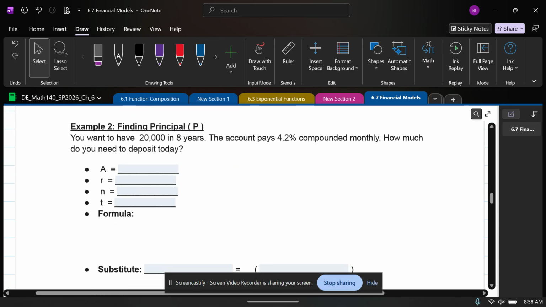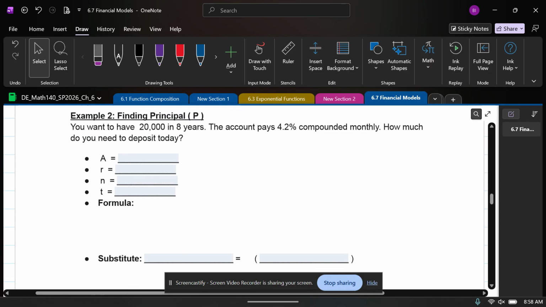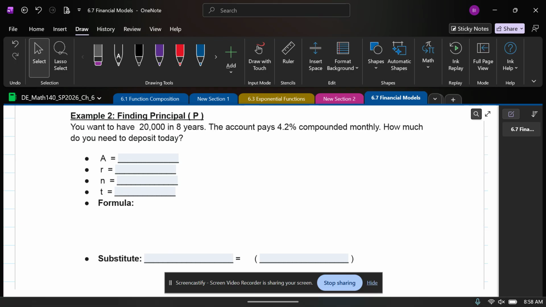All right, so let's try another one here. So we got $20,000. You want to have $20,000 in 8 years. Okay, the account you put your money in pays 4.2% compounded monthly. How much do you need to deposit today so that in 8 years you will have $20,000?